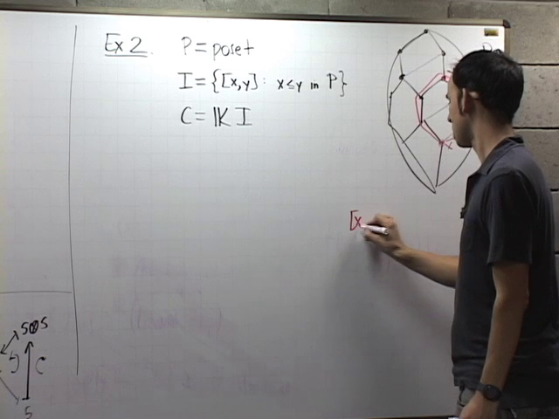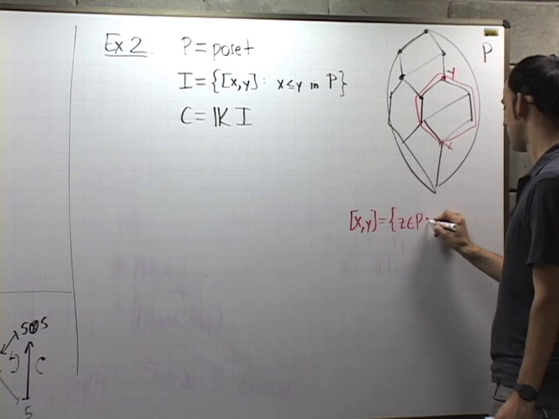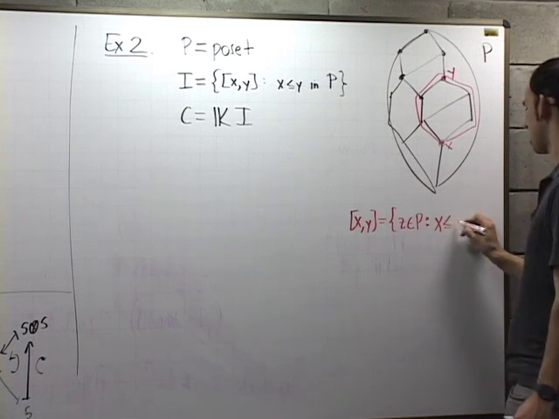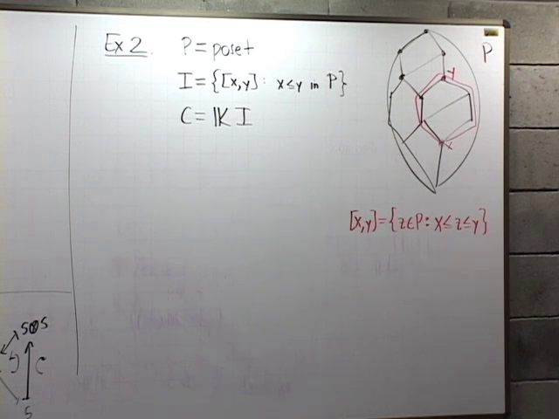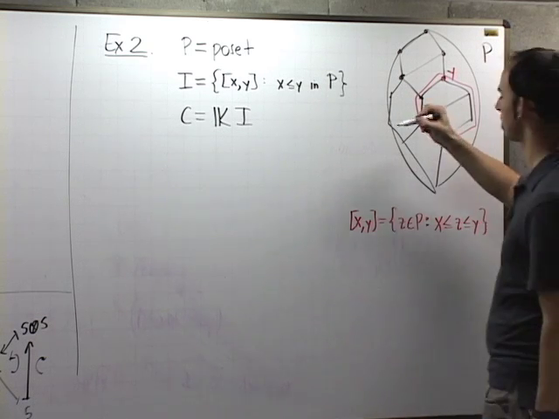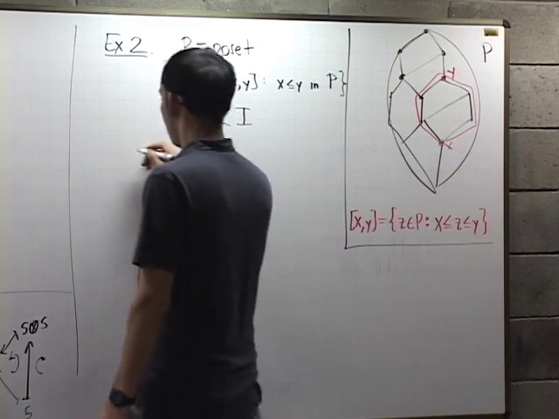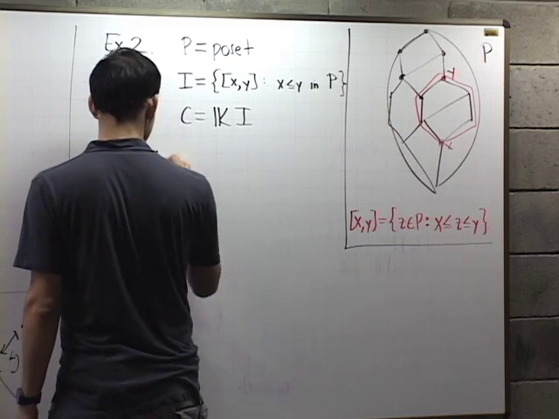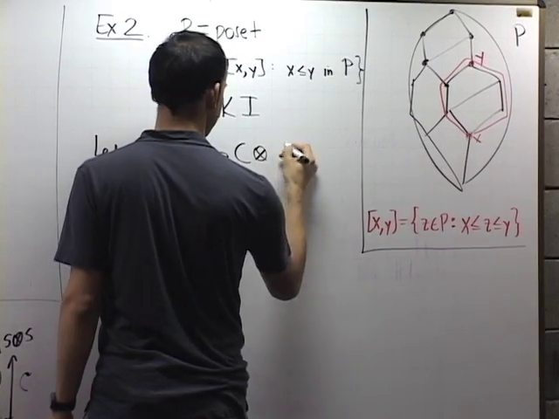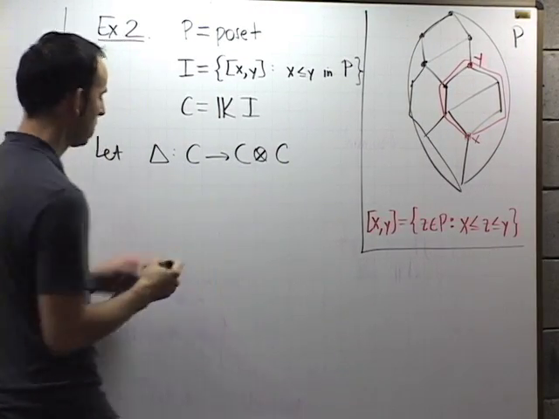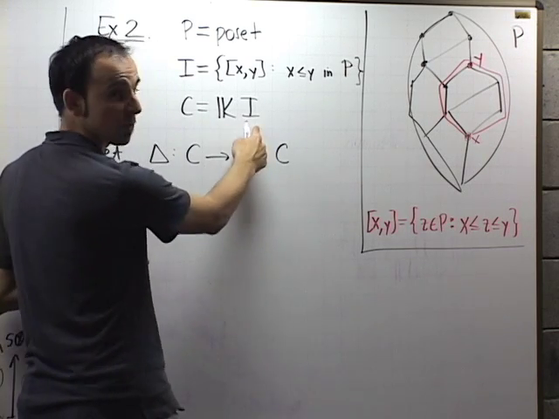When I write [x, y], I mean the set of elements z of the poset such that z is between x and y. I'm going to define delta from C to C tensor C. And what I'm going to do is take a basis element. So a basis element is an interval, right?